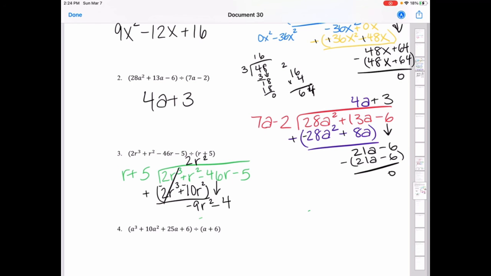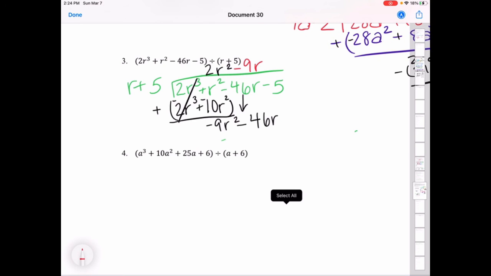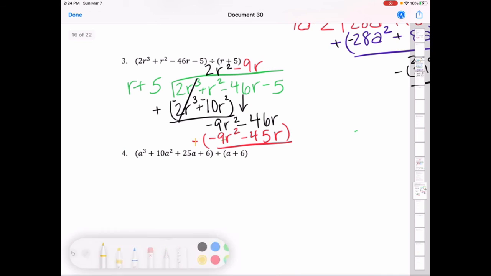I'm going to bring down this negative 46r. Negative 9r times r is going to give me this negative 9r squared. Negative 9r times 5 is negative 45r. Remember, you're subtracting. So this becomes plus a positive. These cancel, and you're left with negative r.